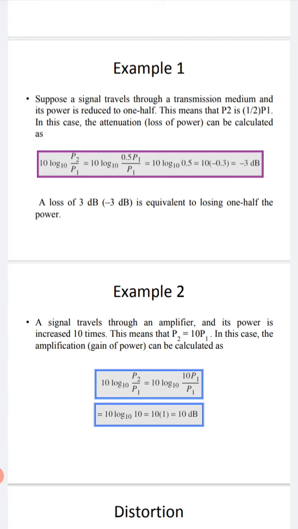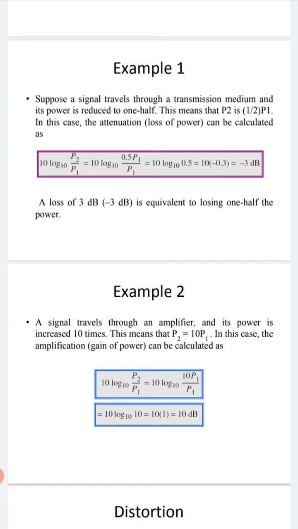Here we consider the two powers P1 and P2. The second power is reduced to half. This means that P2 is half of P1. Now we have to find the attenuation, the loss of power. The loss of power can be calculated as 10 log P2 divided by P1, base 10.